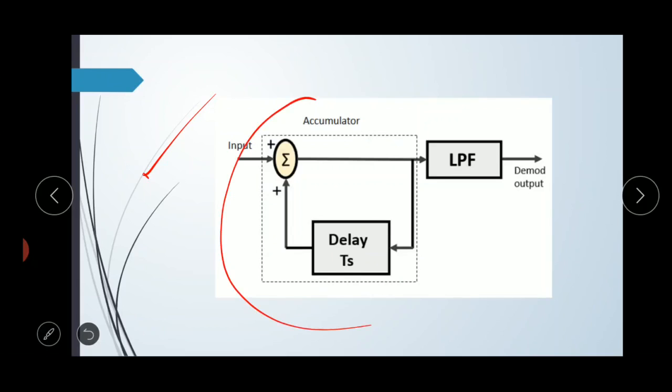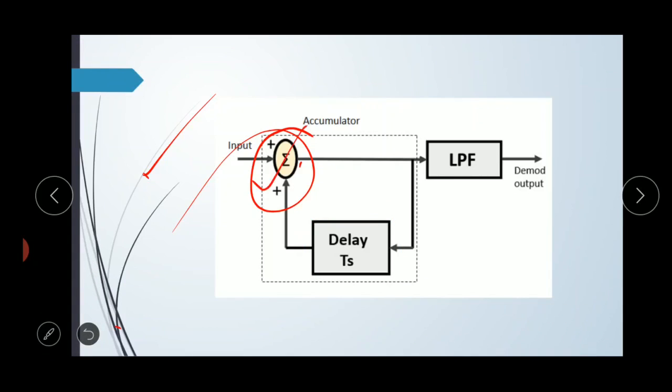So this one is the accumulator. It generates the staircase approximated signal, and this delay helps to delay the signal by one sample period. It is then added to the input. That delayed signal is added to the input signal using this section.